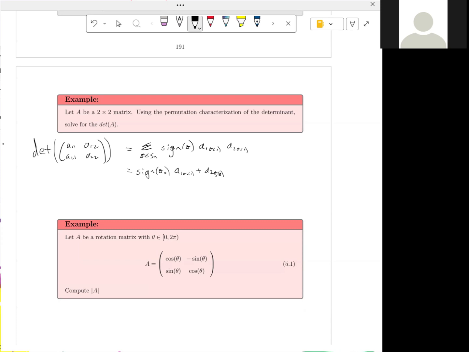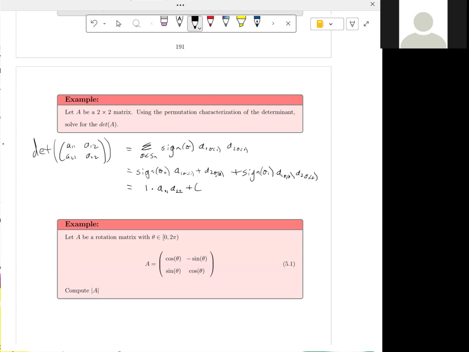Well, this equals plus the sign of sigma_1, A1 sigma_1(1), A2 sigma_1(2). This equals 1 times A1, and sigma_0 of 1 is 1, A2, sigma_0 of 2 is 2.